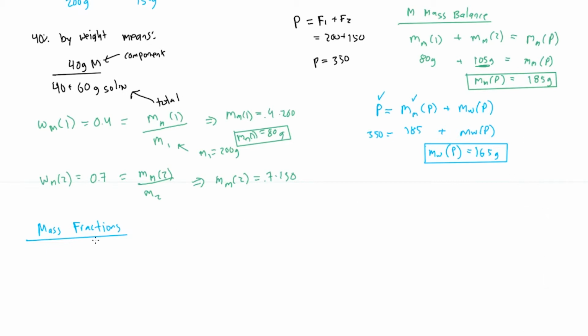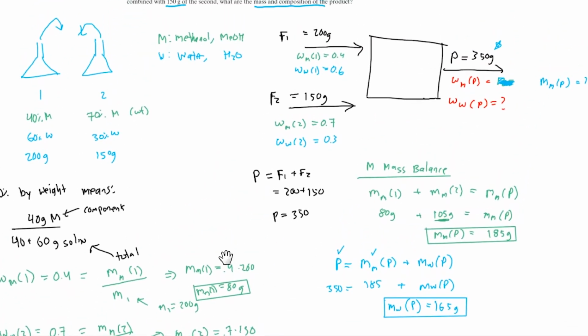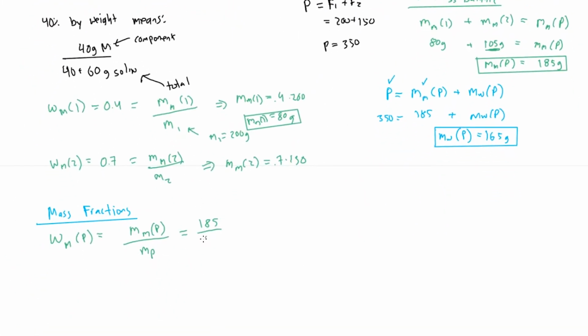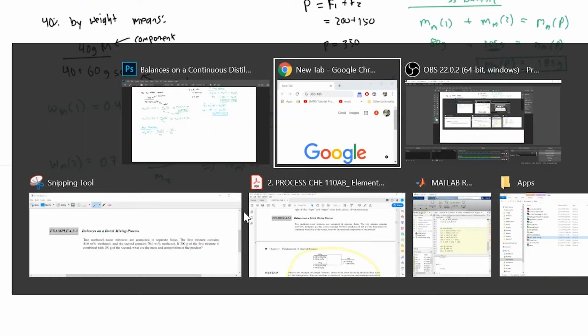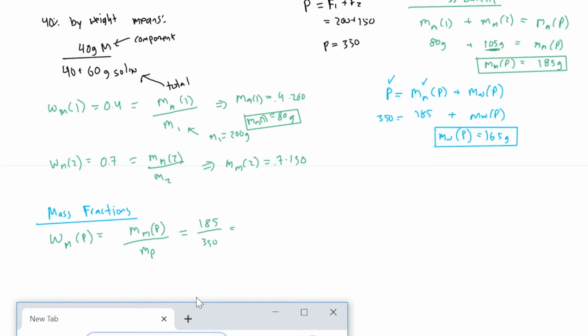The mass fraction of the methanol in the product is going to be the mass of the methanol in the product divided by the mass of the product. Okay, so we know the mass of the methanol in the product we solved for is 185, divided by the mass of the product from our mass balance, which is 350. So we can divide 185 divided by 350.